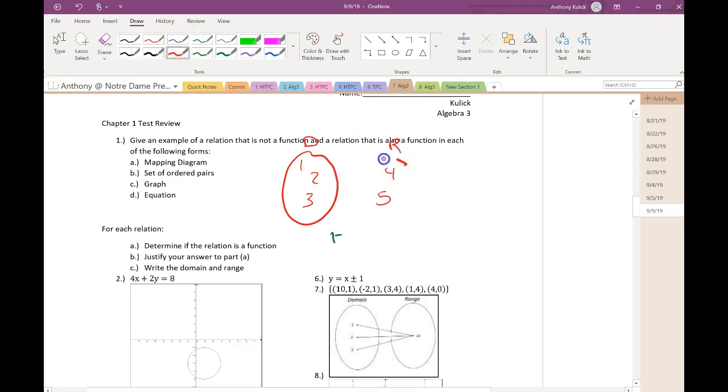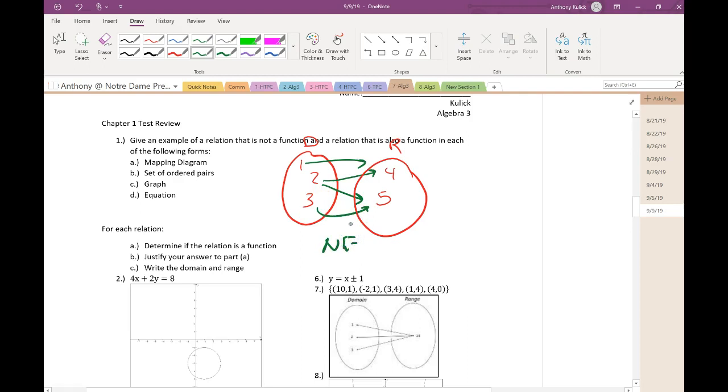Let's say we wanted to make something that was not a function now. What would I have to do to make this not a function? Okay. That would work. That's not a function.